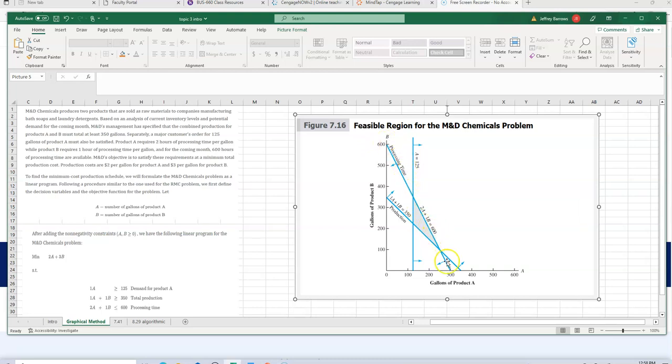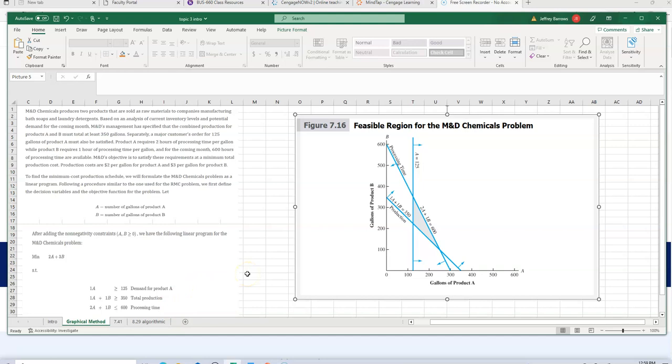And that line graphs 2A plus B equals 600. Notice that the arrows here are pointing back towards the axes, to say it would be the ordered pairs that are on the line or within this area right here, where the value of 2A plus B is less than 600.